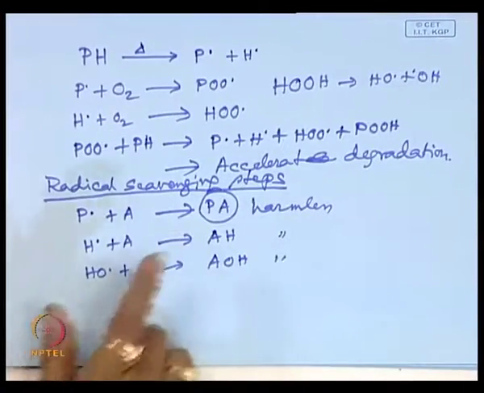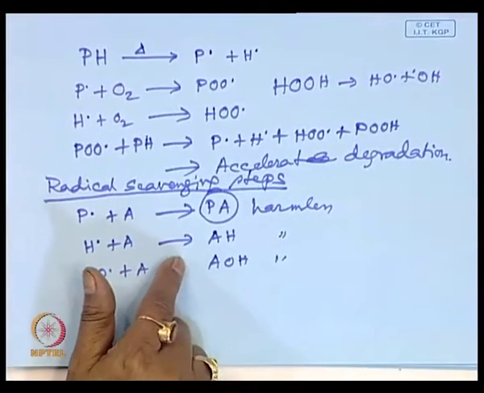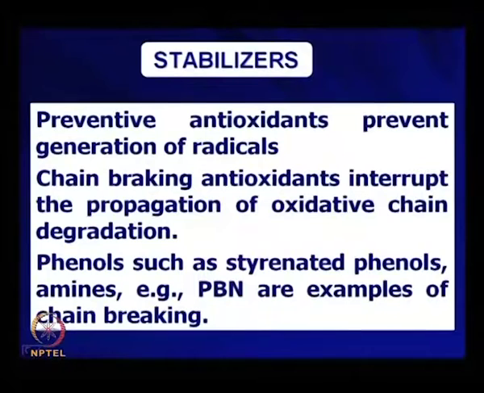That degradation chain will be broken by such kind of radical scavenging steps. Radical scavenging is called chain breaking reactions, and interrupts the propagation of oxidative chain degradation.